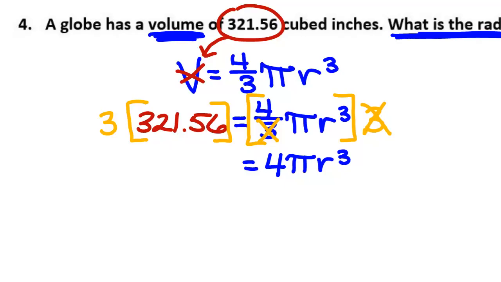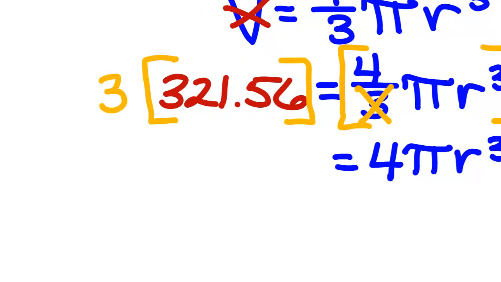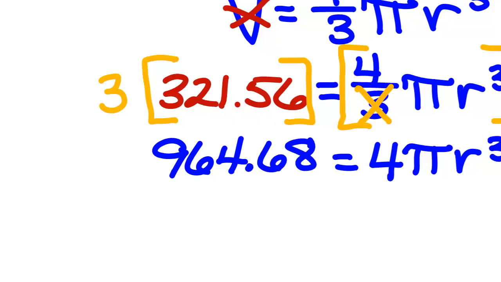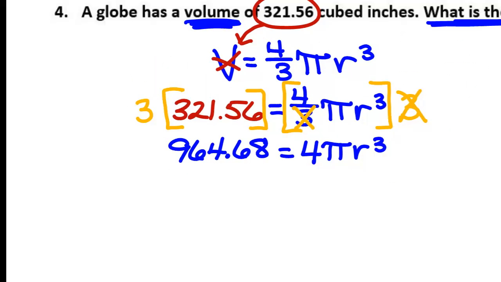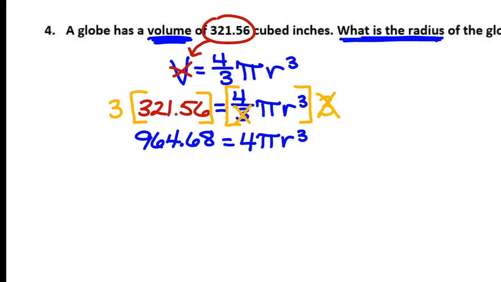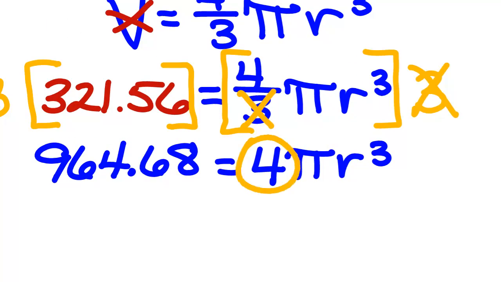Over on the left, I pop that into my calculator: 3 times 321.56. 964.68 is absolutely correct. All right, we've got a couple other things to get rid of. Let's go after the 4 next. What operation is connecting the 4 to the pi?